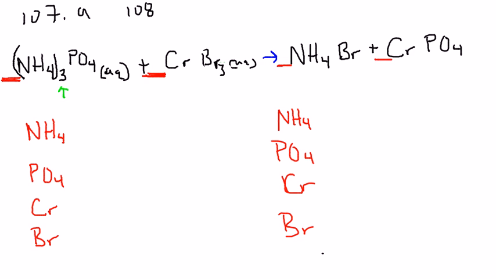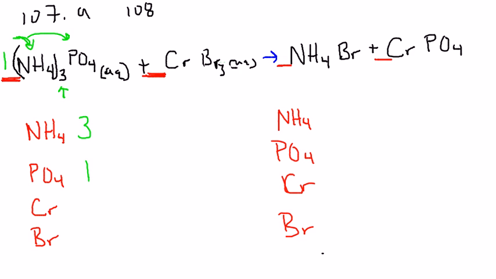If I just put a 1 here, just for starters, remember this one will disperse into ammonium and phosphate. So that gives me 3 ammoniums and leaves me with 1 phosphate group.